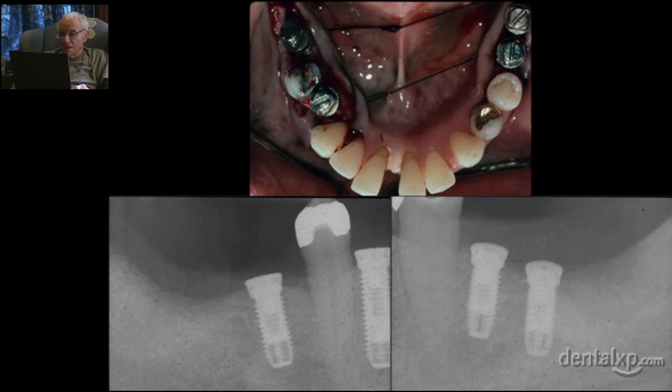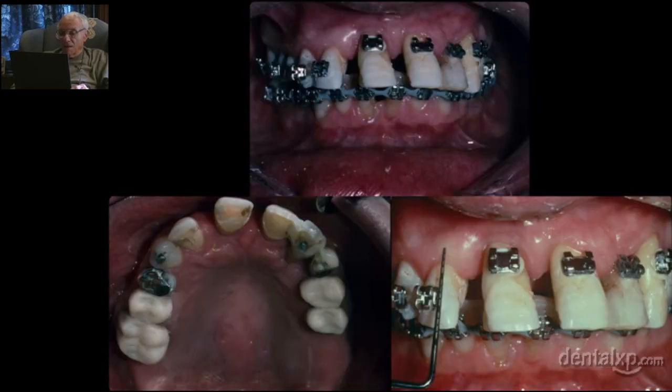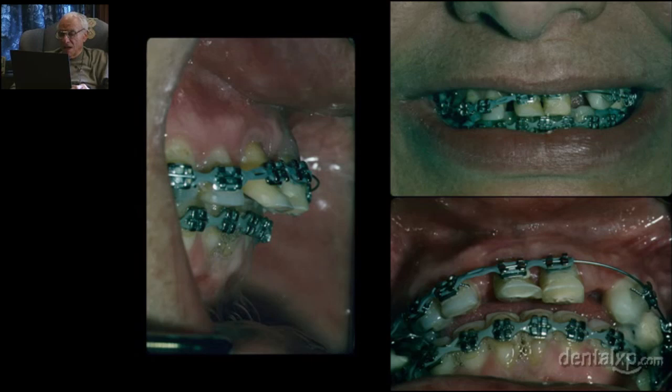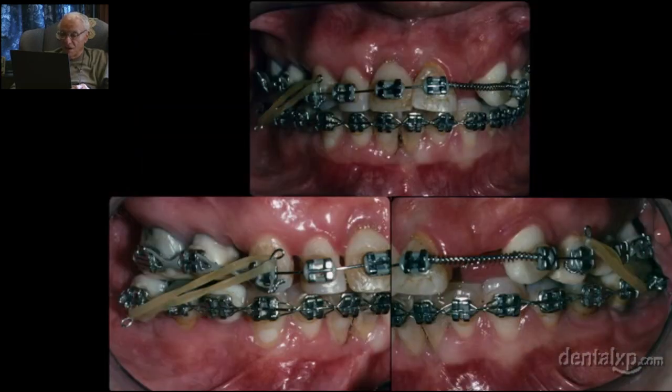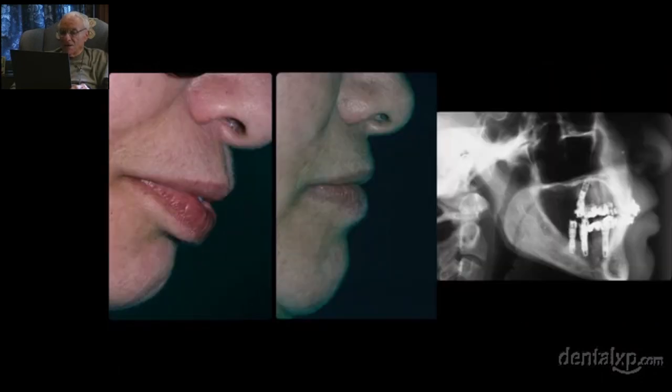And implants are placed, and we begin using them for anchorage and going on to the orthodontic movement. We're going to do eruption of the maxillary anterior teeth, and intrusion and retrusion of them, which we hope will bring down the hard and soft tissues and set up the case for final restoration.